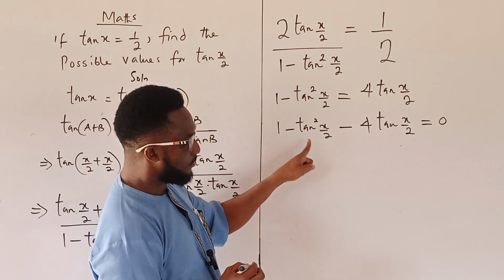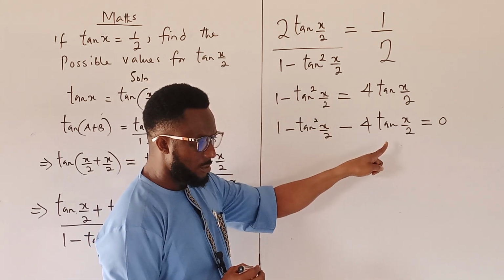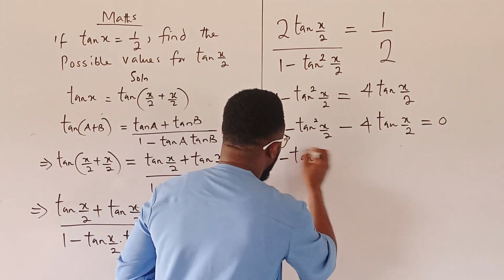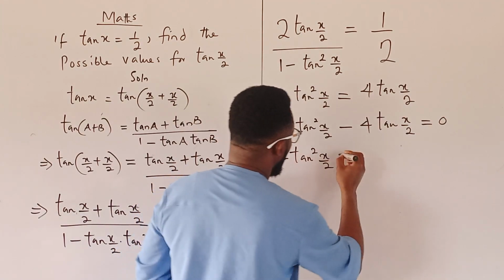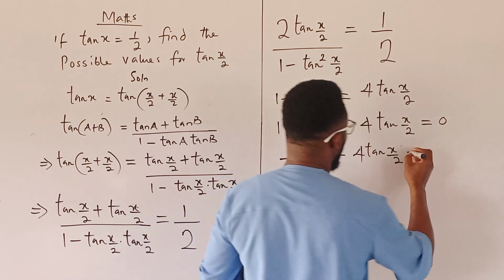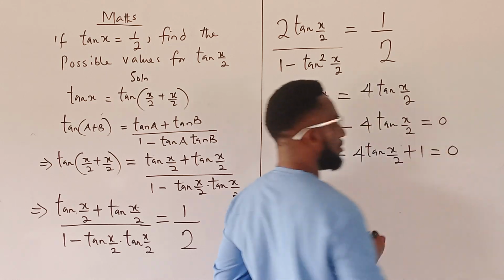Okay, the square term first, followed by the linear term, followed by the constant term. So this becomes minus tan squared half of x minus 4 tan half of x plus 1 equal to 0.